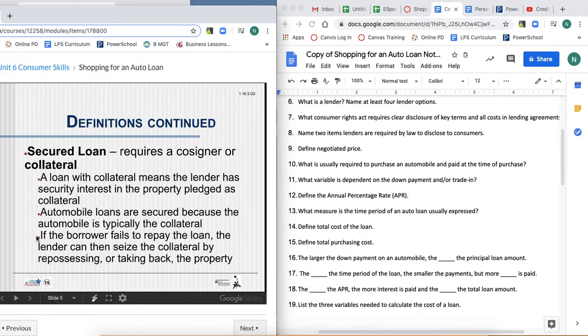And you can see that at this very last bullet point: if the borrower fails to repay the loan, the lender can then seize the collateral by repossessing or taking back the property. They can take back whatever I set up as collateral as a way to get payment for the items that I had a loan for.